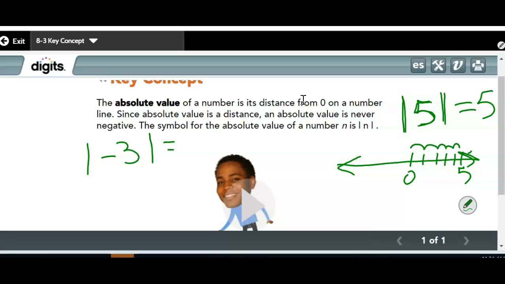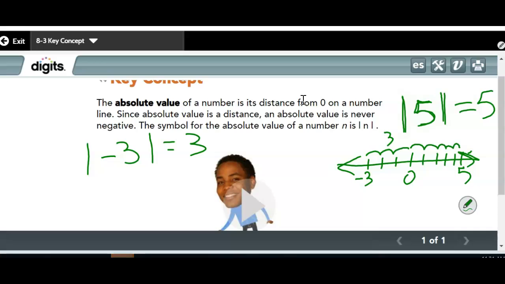Melody. So a distance cannot be negative. So we're talking about the distance -3 is away from 0. 3. Okay? How far away is it from 0? We have 1, 2, 3. 3 units away from 0.